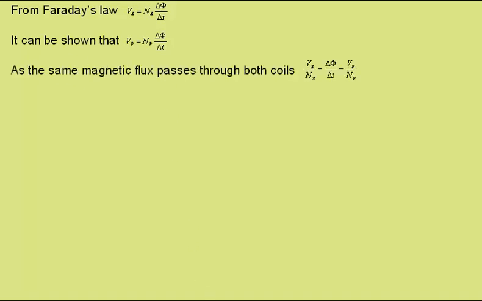As the same magnetic flux passes through both coils, we find that the voltage across the secondary over the number of turns across the secondary will be equal to the rate of change of magnetic flux, but this is the same as for the primary, so we can simplify to this expression. This is known as the transformer rule.